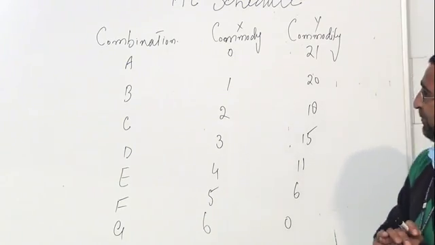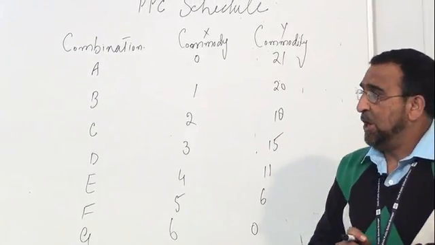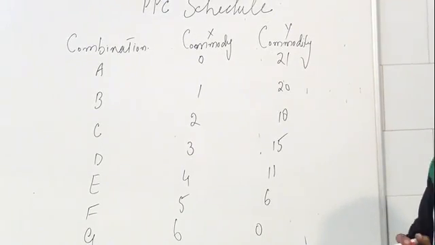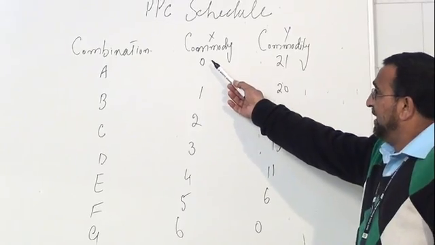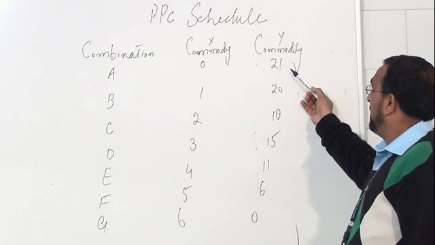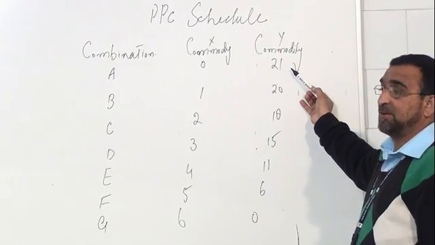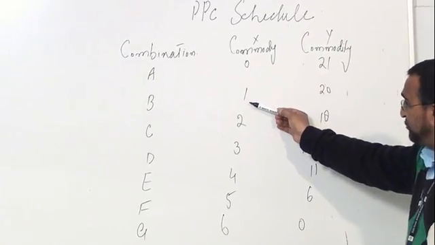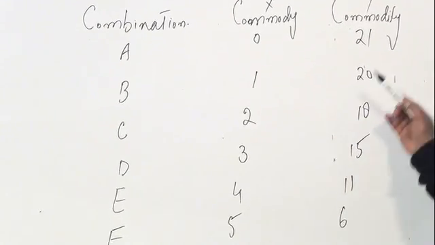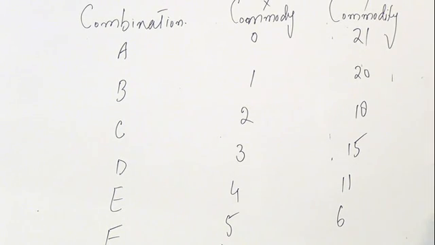If we plot the data on graph paper, we will get simply a curve that is known as the production possibility curve. When we produce 0 of X, we are producing 20 units of commodity Y. When X is 2, 3, 4, 5, 6, we are able to produce 18, 15, 11, 6, 0 respectively.